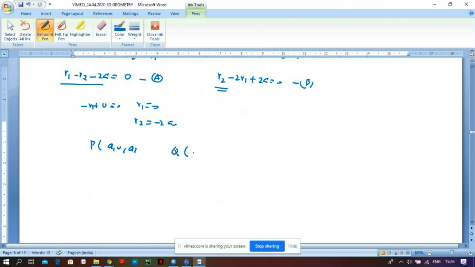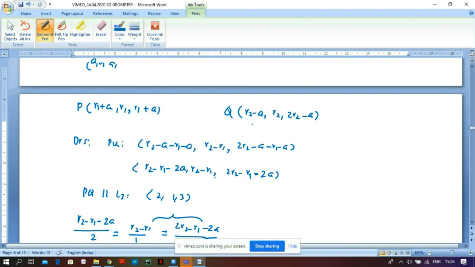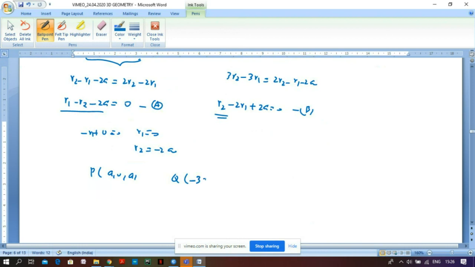And Q, because r2 is negative 2a, becomes (-3a, -2a, -5a). So you got P (a, 0, a) and Q (-3a, -2a, -5a). So it means you have found P and Q.